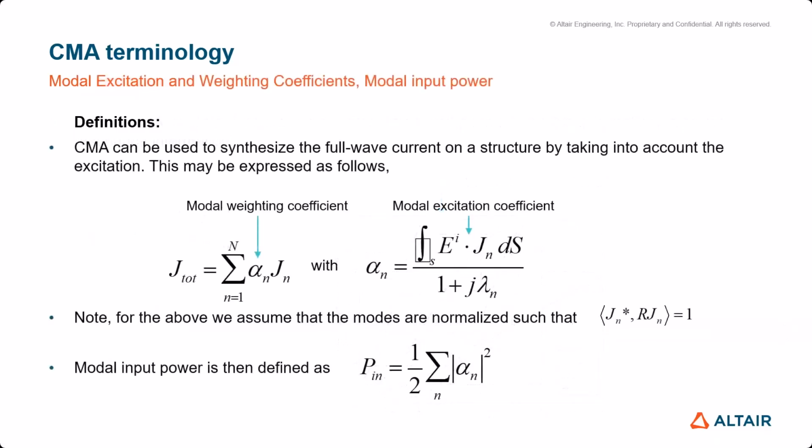If we do want to consider excitations in our characteristic mode analysis, we are able to extract modal excitation and modal weighting coefficients. And this is useful when trying to synthesize the full wave solution from the characteristic mode analysis modes. The modal excitation coefficient is an indication of how well a specific source or excitation would excite each of the modes.